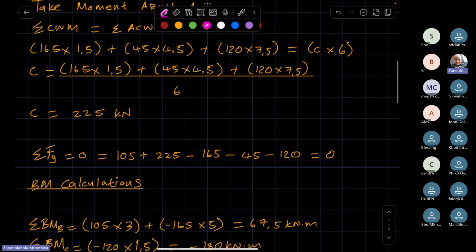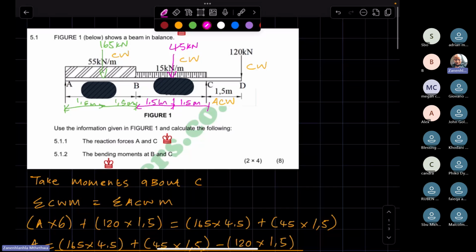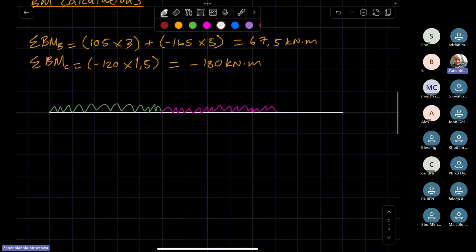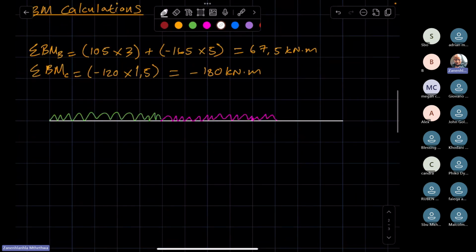Then you have another one here. And then you have a point load at this point, heading downwards.